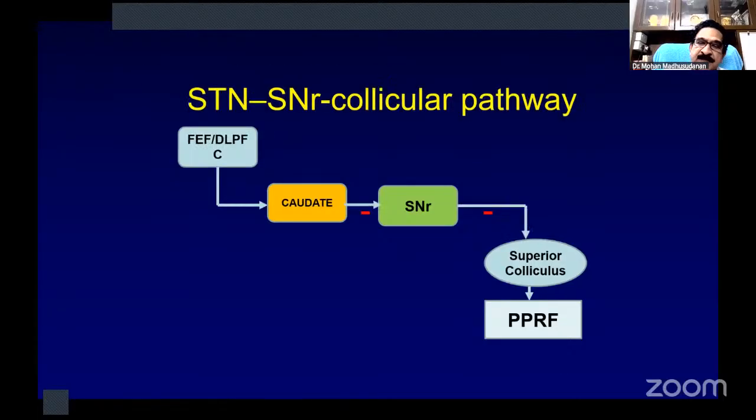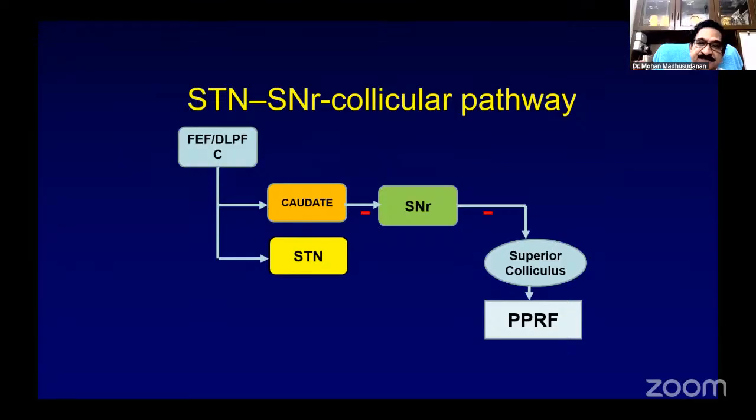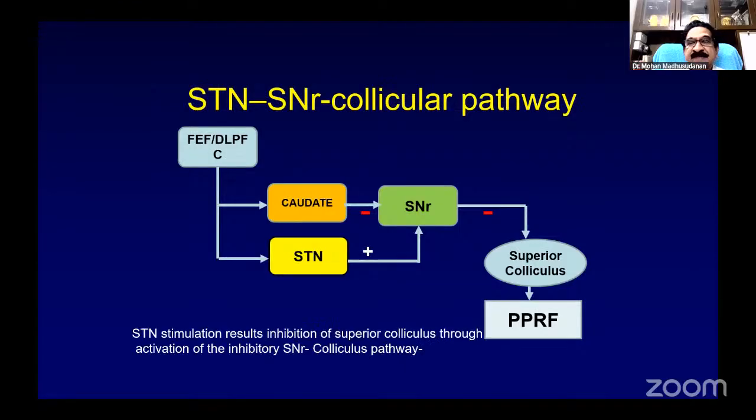Now, there is another pathway which is mediated through the subthalamic nucleus. The frontal eye field also stimulates the STN, the subthalamic nucleus. The STN in turn activates the SNR. So through the STN pathway, it inhibits the superior colliculus, because the STN is stimulating the inhibitor of the superior colliculus.